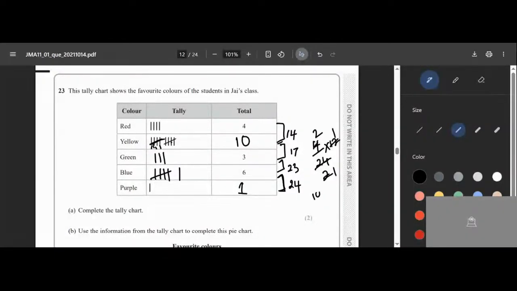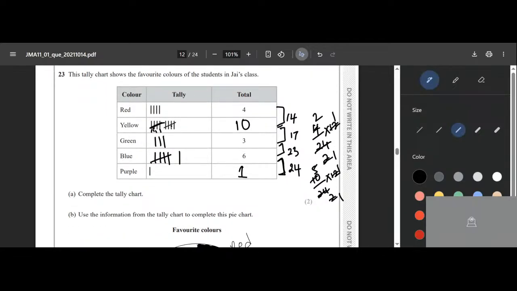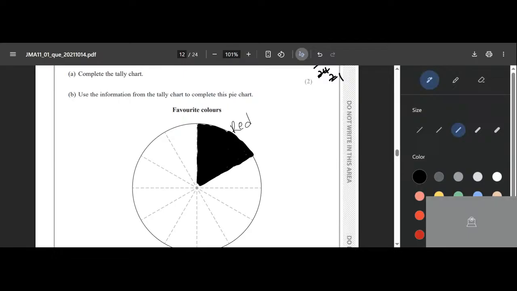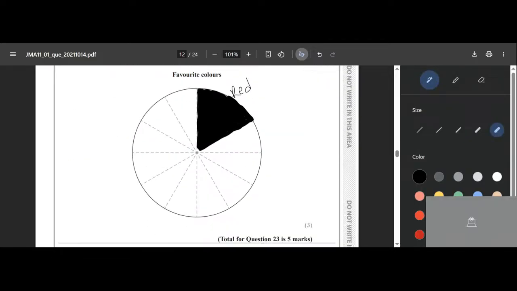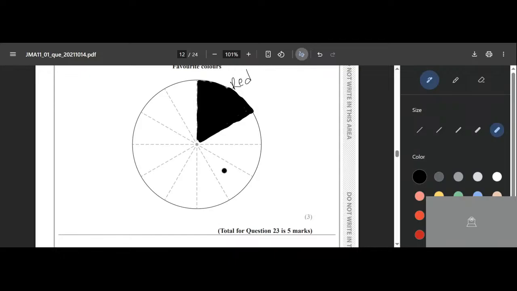Say 10 divided by 24 times 12. So 12 here 1, here 2, 5. So we're going to have 5 of them having the color yellow. So 5. 1, 2, 3, 4, 5.